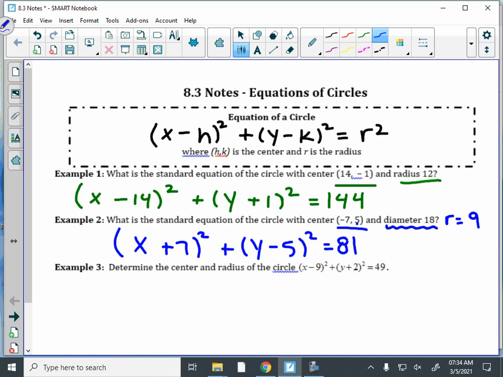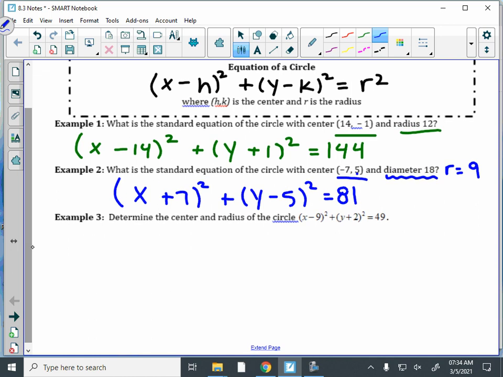This next example, we're going to go backwards. We were given the equation. We want to know, hey, what's the center and what's the radius? We want to know those two things. But we can get the center from the x and the y. Again, whatever is paired with the x is the x value of your center, but what happens to the sign?